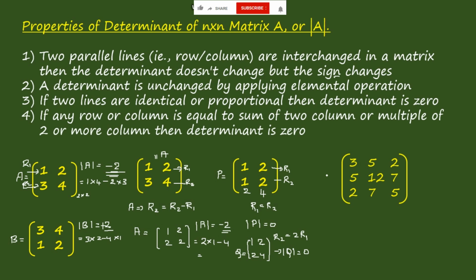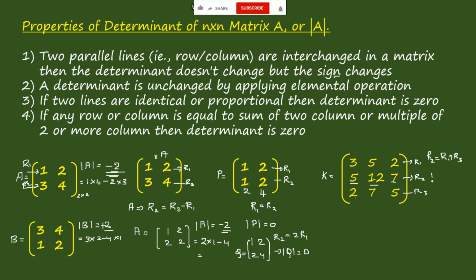If you consider this one as the K matrix, see row 1, row 2 and row 3. From here we can see that row 2 is equal to row 1 plus row 3. Yes or no? When you add 3 plus 2 it is 5, 5 plus 7 it's 12, and 2 plus 5 it is 7.